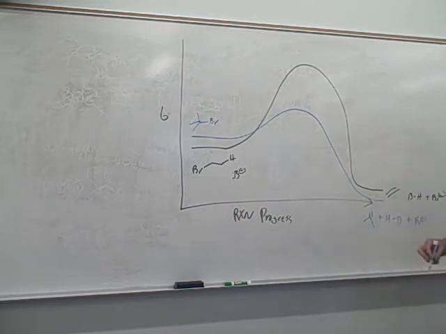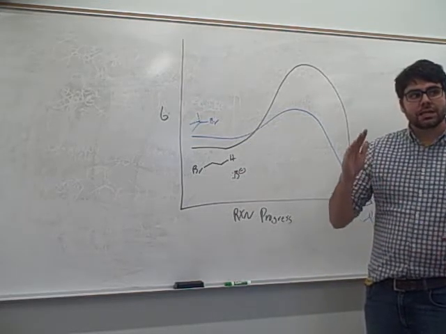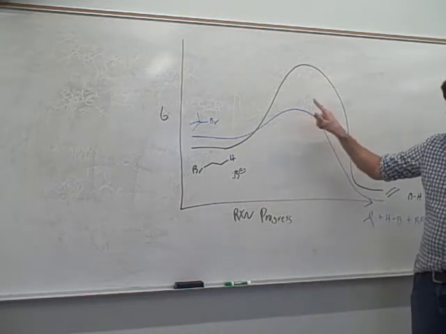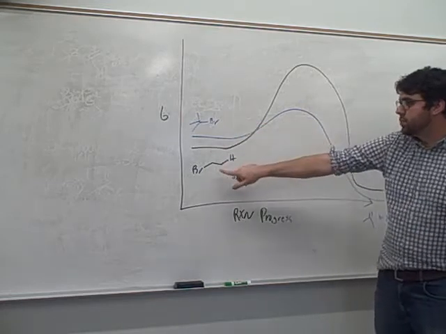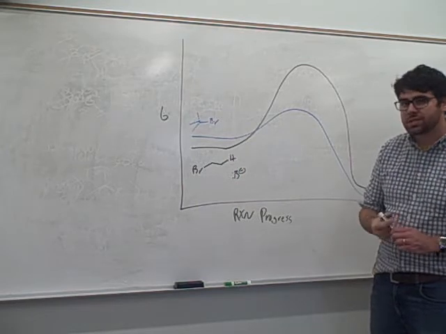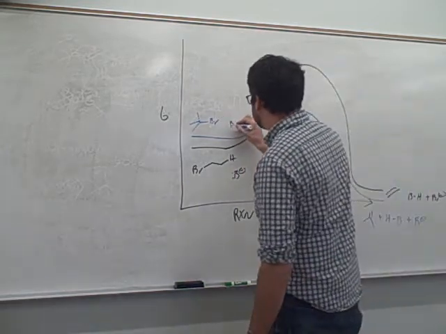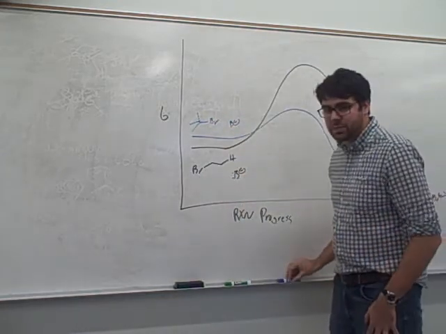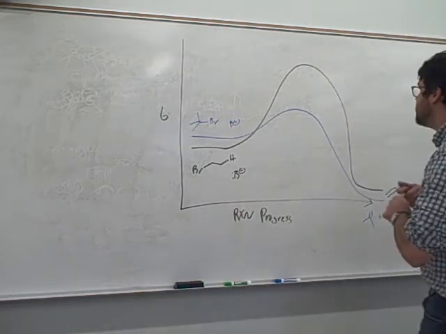The nifty thing about this is that our activation energy, so the distance in energy we have to climb in order to get to the transition state, is smaller in the case of the tert-butyl bromide than it is with the ethyl bromide. So the reason for this actually has to do with the structure of the transition state. So let's actually think about what these guys look like. The transition state for our ethyl bromide species is going to have bonds partially broken and partially formed.